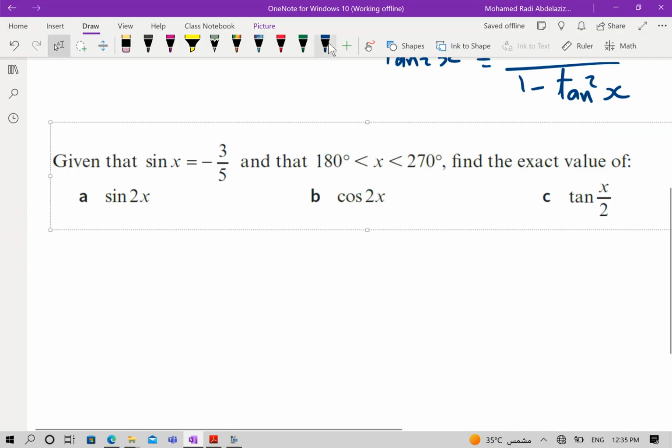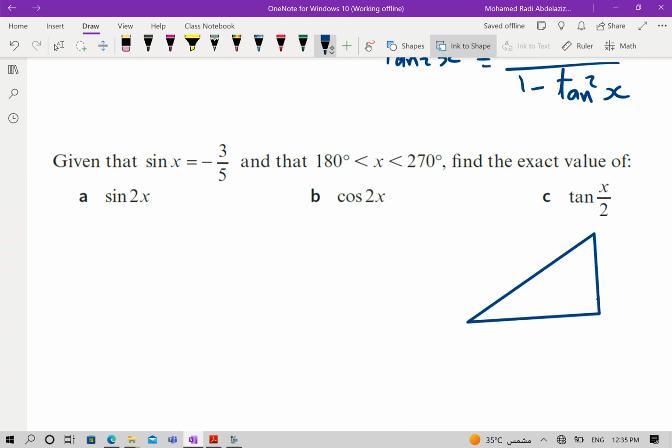When it's given one trigonometric function, we prefer to use a right-angled triangle. For the given angle x, opposite is 3, hypotenuse is 5, so adjacent will be 4. Why is sin x given as negative? Because it's in which quadrant? Third.